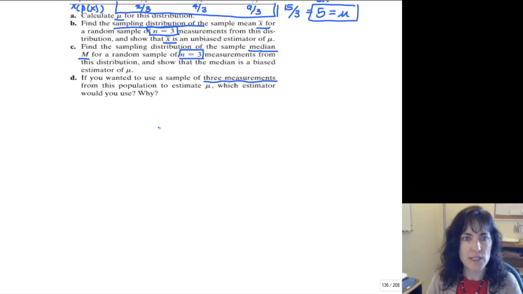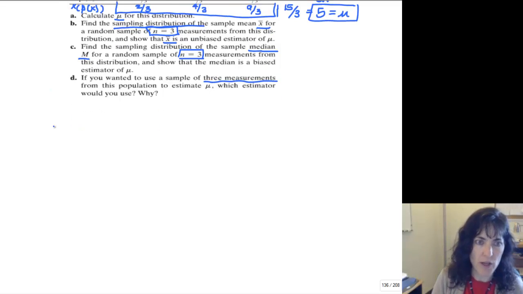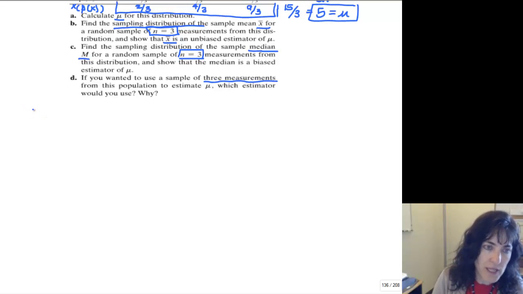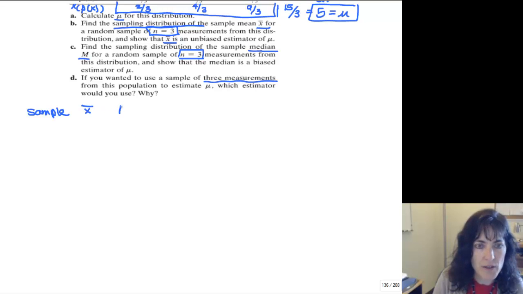Okay, so let's look at a table that will help us calculate all this. The first thing I want to have on my table is sample. So I have to write what my sample is, and then I have to find the x bar, and I'll have to find the median.